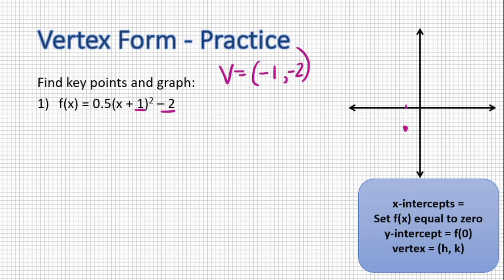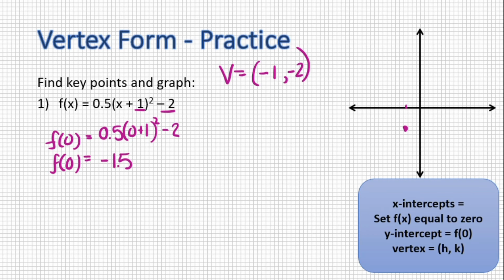Okay, so now we're going to find the y-intercept, and we do that by finding f of 0. 0.5 times (0 plus 1) squared minus 2. So f of 0 is going to be 0.5 times 1 squared, which is 0.5, minus 2, negative 1.5.